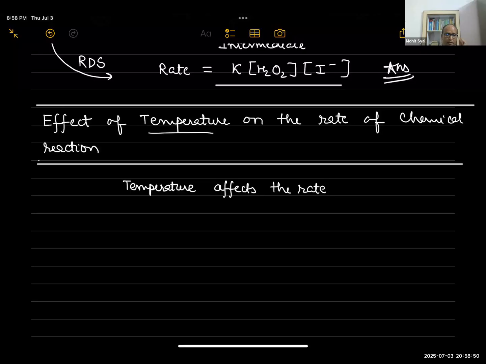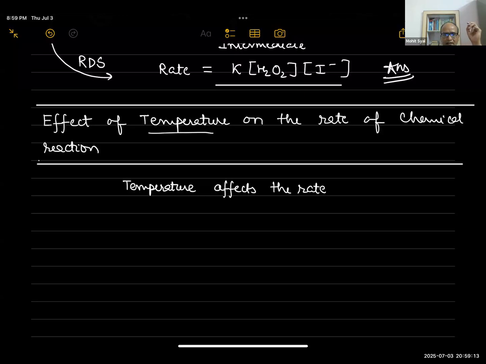Should temperature affect it? Of course, it should affect, and we see many places like burning of coal, which occurs very quickly if you heat it. So we have seen a lot of chemical reactions where the temperature plays a key role.